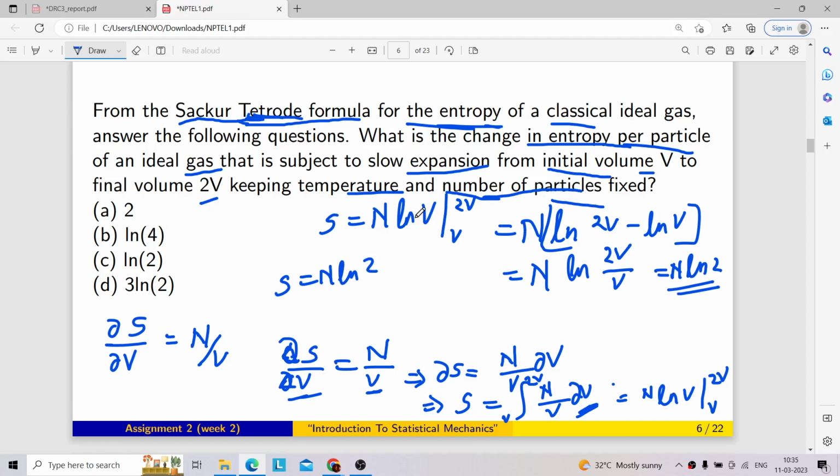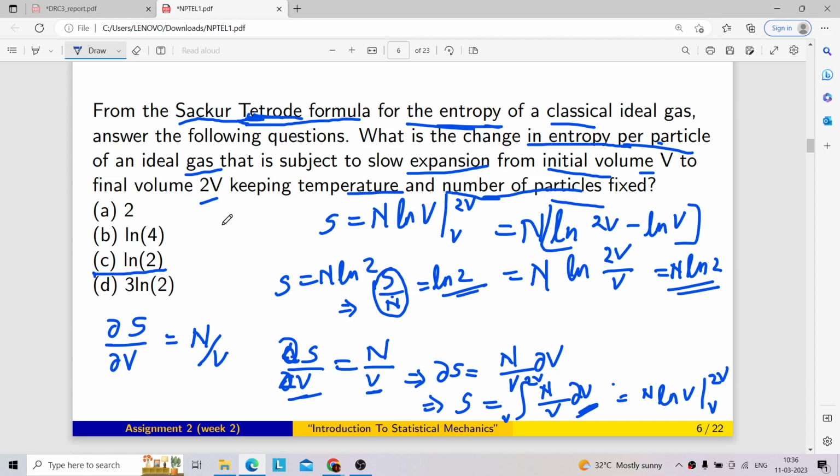What is the question? The question is what is the change in entropy per particle. Entropy per particle means entropy over N. So this is ln of 2. So the right answer is ln of 2.